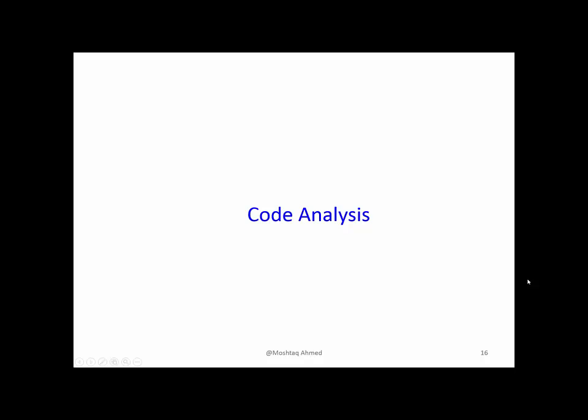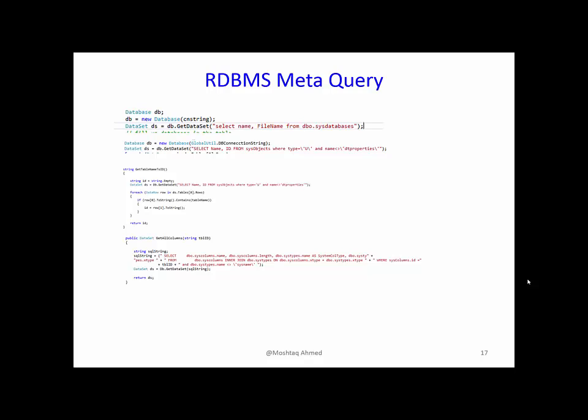Let's do a little bit of code analysis. On the RDBMS query, you can see I use sys databases, and I took the name and file name just to get all the database names, and also the table names.